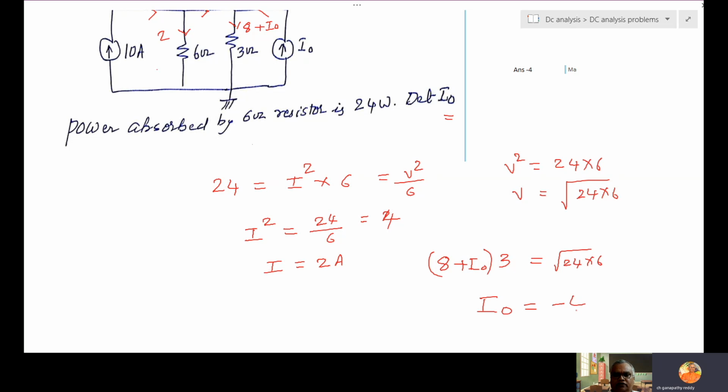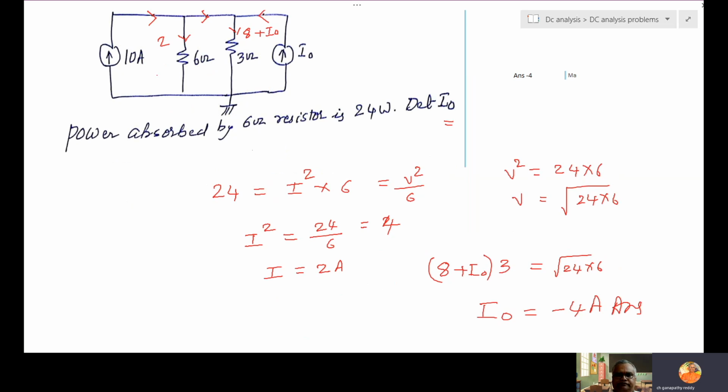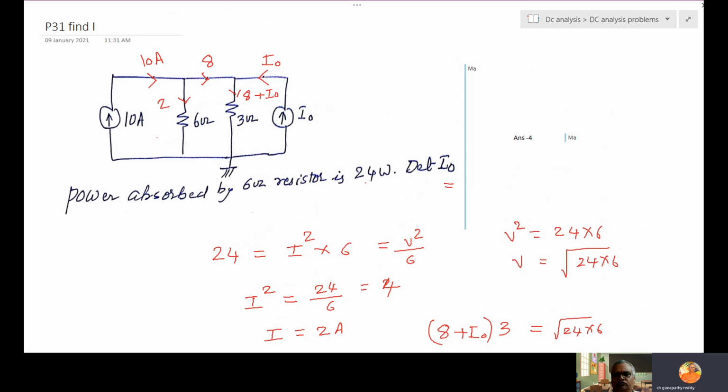So we will get minus 4 amps. I square R and V square by R are both equal. You can find the current I, you can also find V. So we equated them and solved for I naught. Otherwise, write mesh equations and solve. Mesh is better because all are current sources. You can also use mesh.